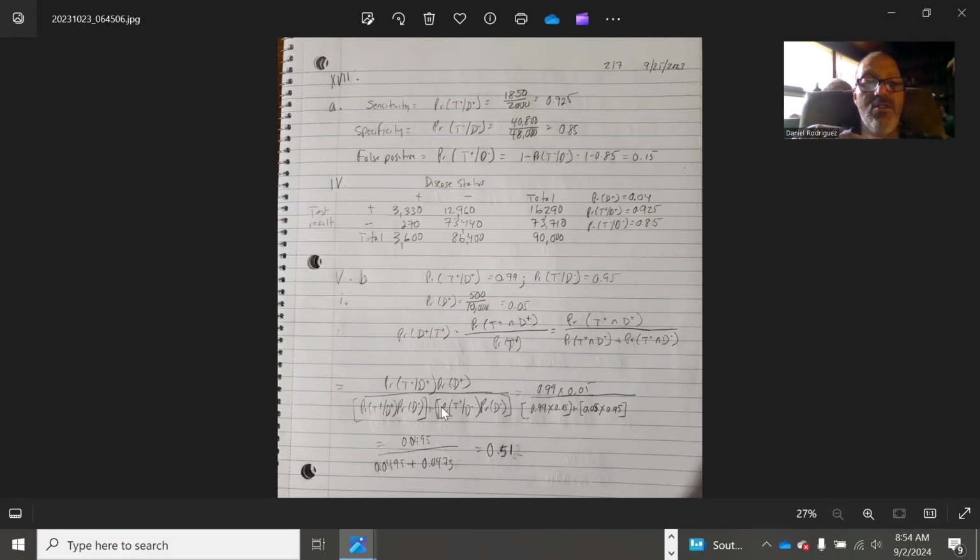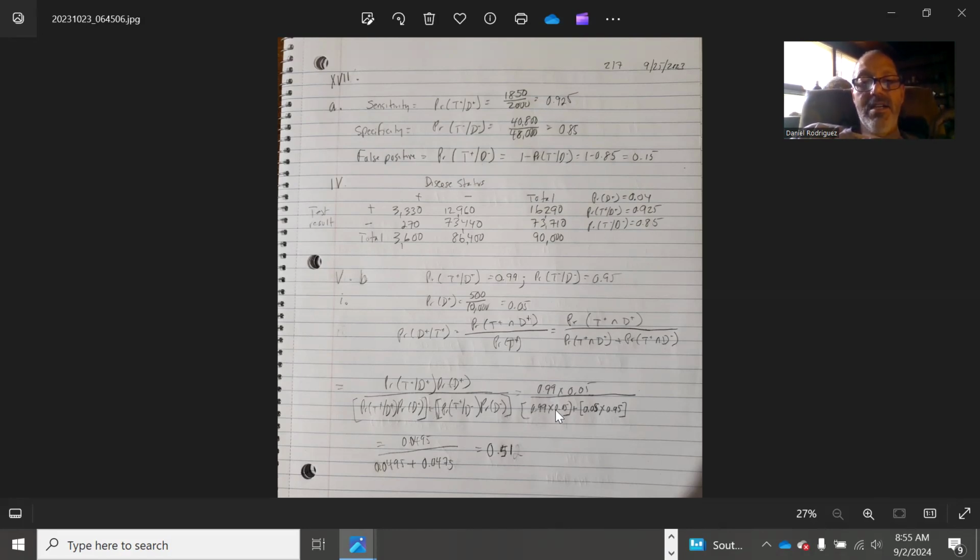So here's our equation for Bayes' theorem. I wrote it down two different ways here, but this is basically what we're looking at. Probability of testing positive given one is disease positive, that's your sensitivity. That's 0.99. Your prevalence is 0.05. So it's 0.99 times 0.05 in the numerator. Remember, the first element of the denominator replicates the numerator.